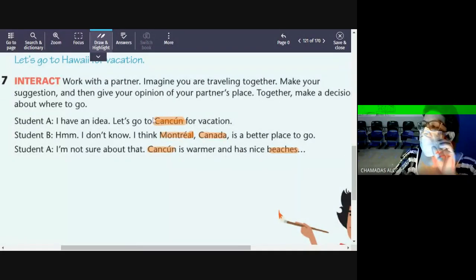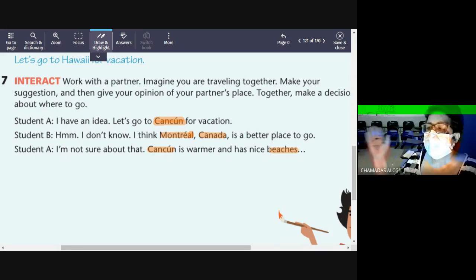Okay, guys, you can do the same practice, changing the names of the places, and you can use this, for example, in a project. Suppose you want to present a project. You can imagine one person giving a suggestion to another and say, hey, I have an idea. Let's go to Thailand for vacation. And then you put pictures of Thailand.